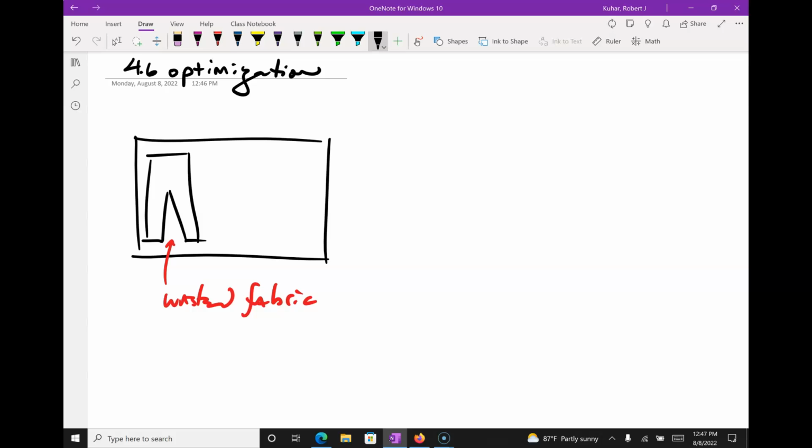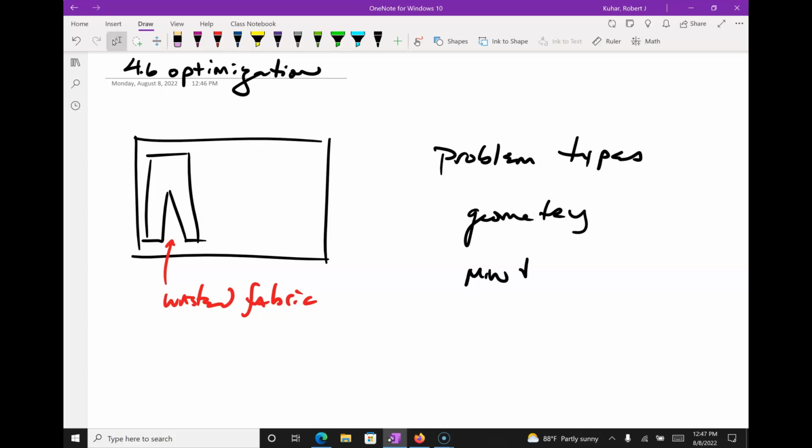And so the problem types that I like are geometry and min distance. So any of those in the section are fair game and good for you to do.